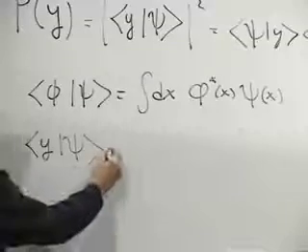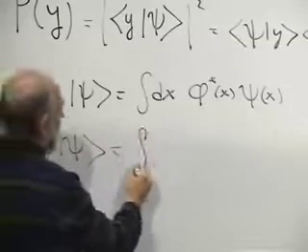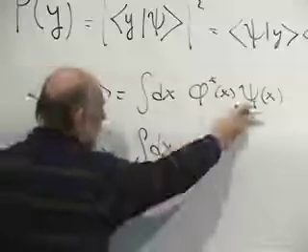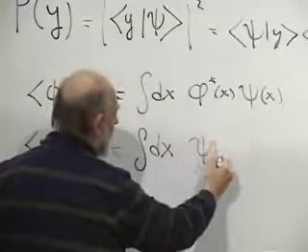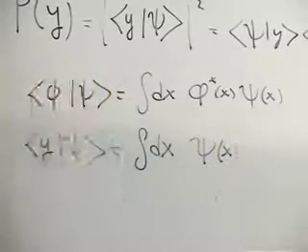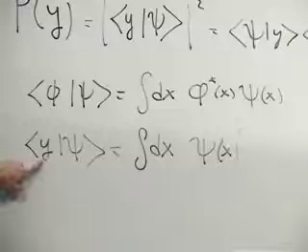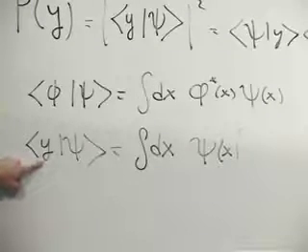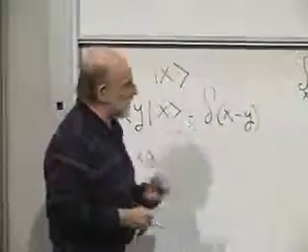It's equal to the integral dx, psi of x, and now the wave function associated with a particle known to be at y. That wave function is just delta of x minus y.